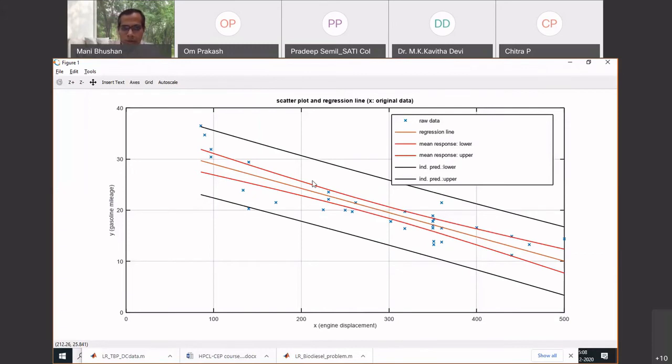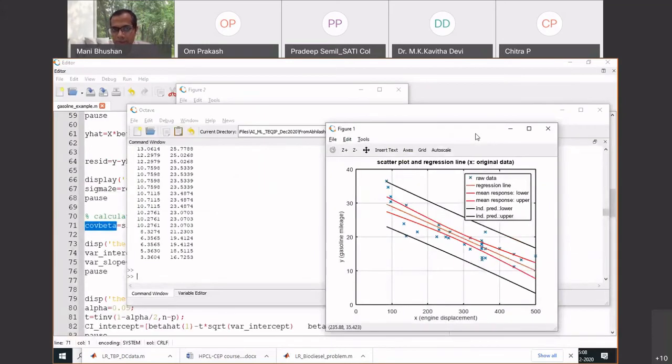Yeah, so this is what I wanted to impress upon you, that whatever statistical inference we did, the preliminaries of statistics, is useful when we want to use a data-derived model for any purpose.